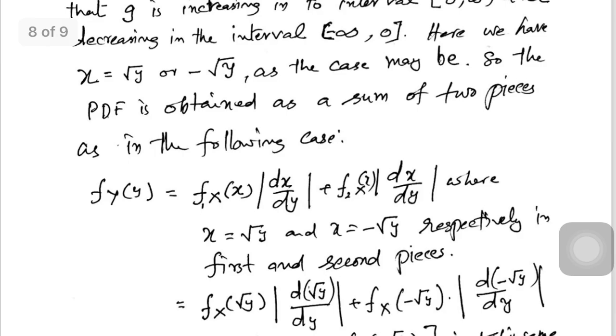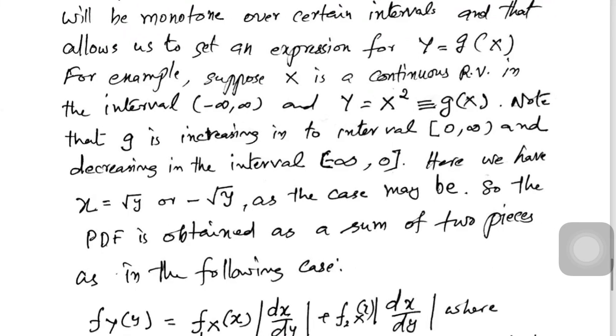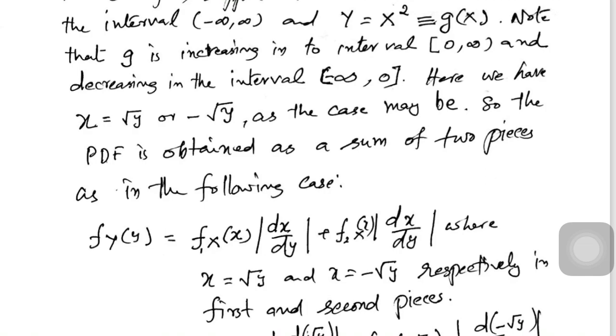Okay, so the formula will be like this in this example. If your function is g of x equal to x square, your formula will be like this: fy of y is equal to f1 of x dx by dy plus f2 of x dx by dy, right?